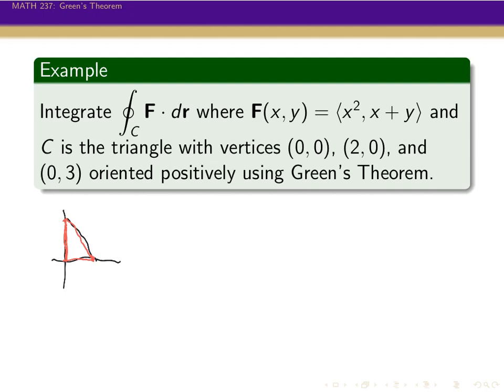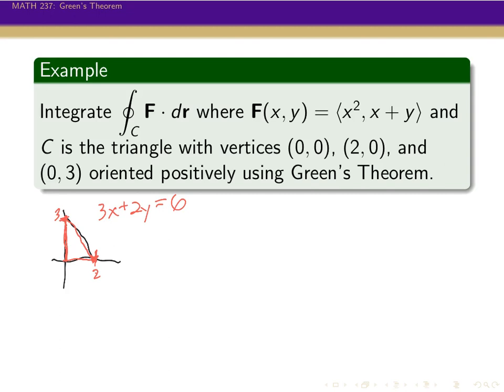The line 3x plus 2y equals 6 gives me this line, so let's double check. If I plug in x equals 0, then y has to equal 3, and so that gives me this point. If I plug in y equals 0, then x has to equal 2. So that gives me this point. So that is a nice picture of the region.